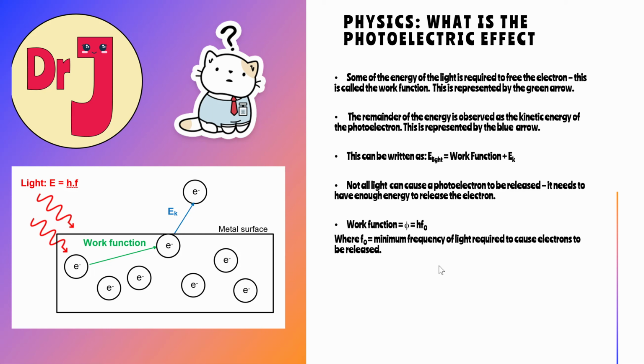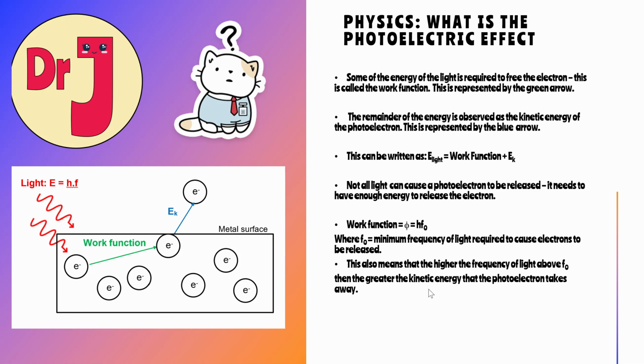This is also called the critical frequency. So it means that the higher the frequency of light above f naught, the greater the kinetic energy that the photoelectron takes away with it. So EK is the maximum kinetic energy that the photoelectron can have.